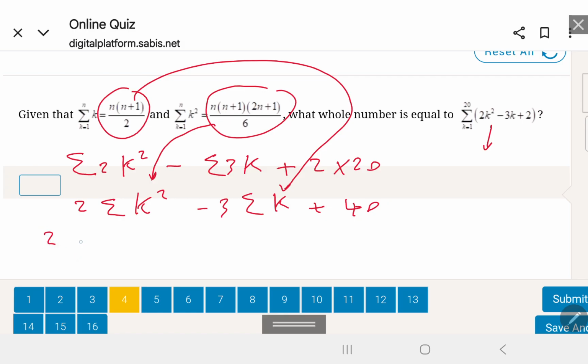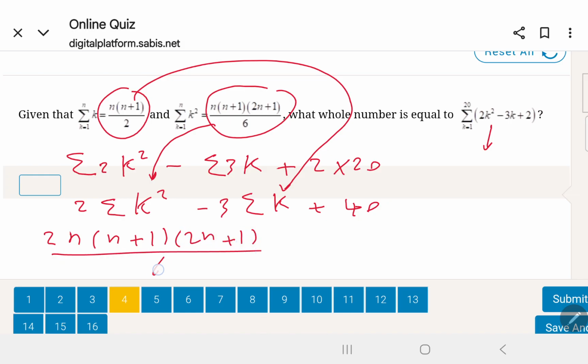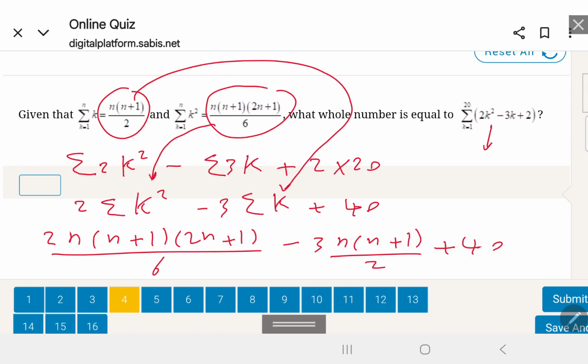So 2 multiplied by n times n plus 1 times 2n plus 1 divided by 6 minus 3 multiplied by n times n plus 1 divided by 2 plus 40. Then you can start simplifying. Make same denominator and start simplifying the fractions to get the answer.